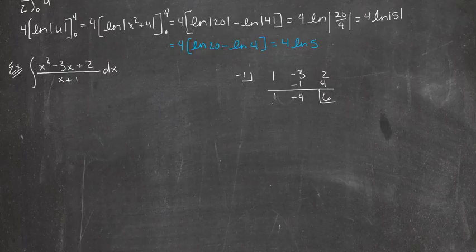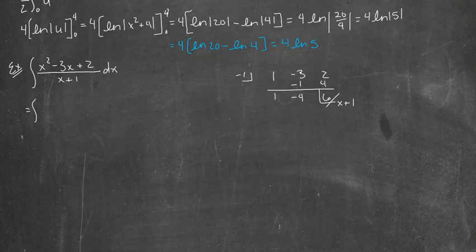So if I rewrite this rational expression using the results of my division, I see that I am looking for the integral of, 6 is a remainder, so it's a constant. That still needs to be divided by x plus 1.